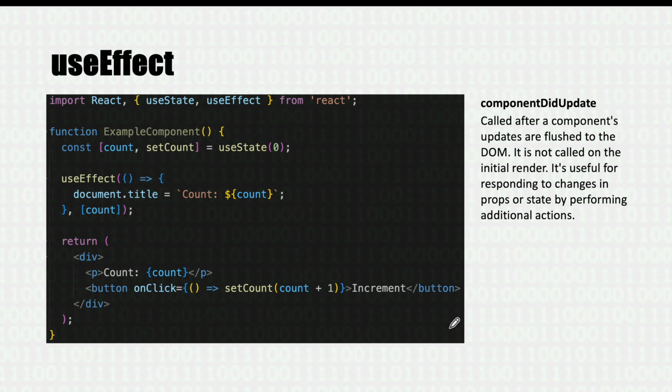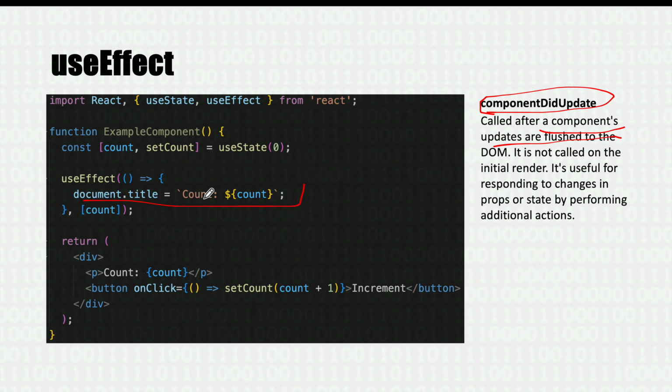So let's say that we want to do something when the component updates are flushed to the DOM. This is componentDidUpdate, one of the lifecycle methods which we saw earlier. If we have to use this lifecycle in a functional component, we will be using useEffect. So useEffect, document.title equal to count.